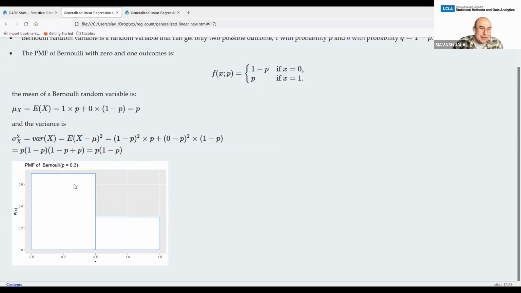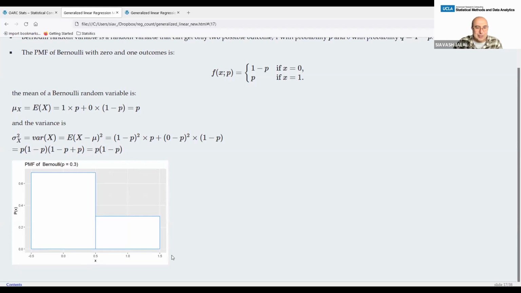This is the probability mass function of Bernoulli with probability of success equal to 0.3, right? 0.3 is the probability that value 1 can get, and 0.7 for 0, right? And there is no x value. Probably you don't need to put this value.